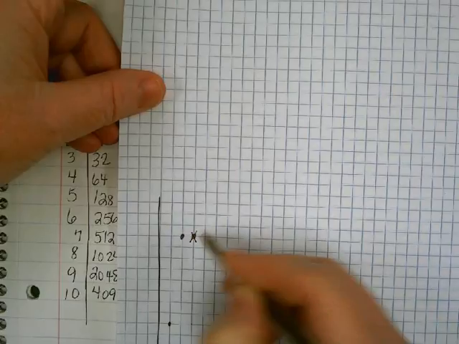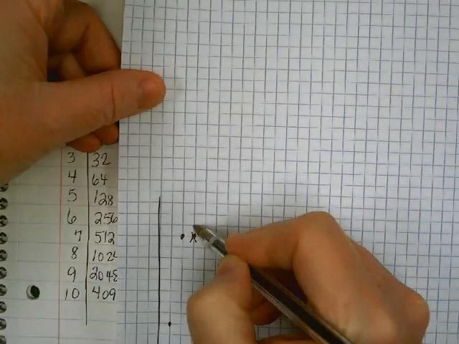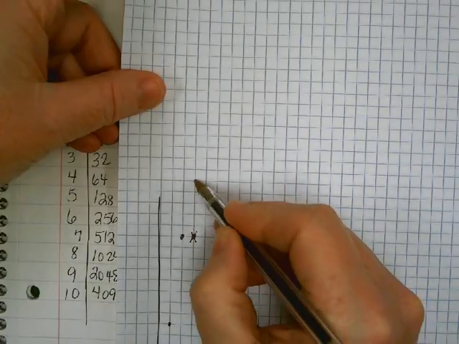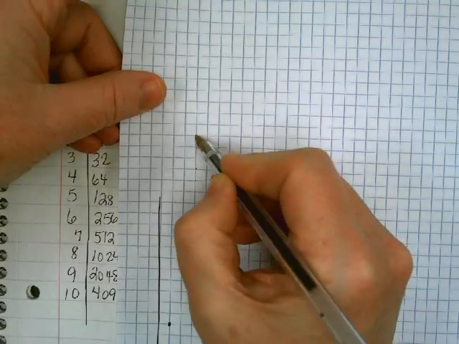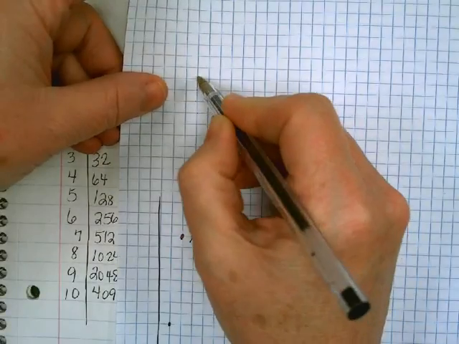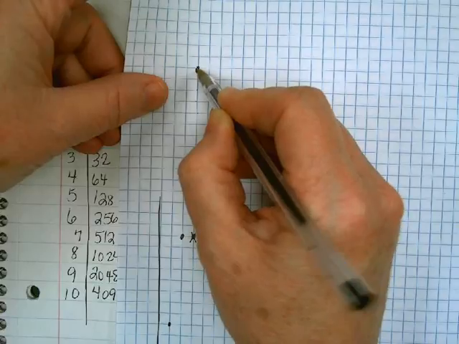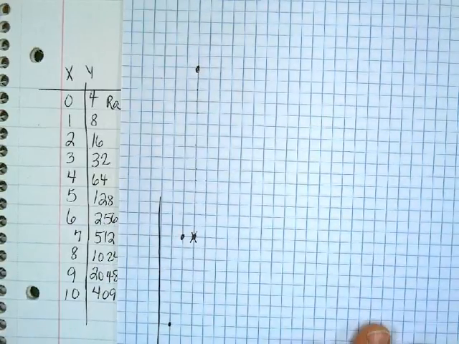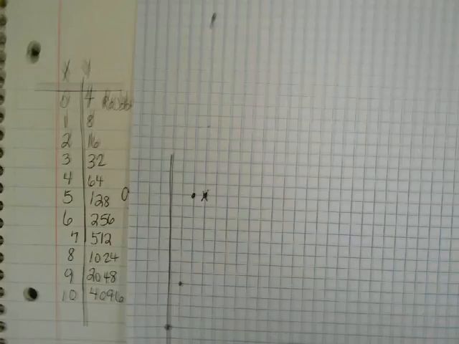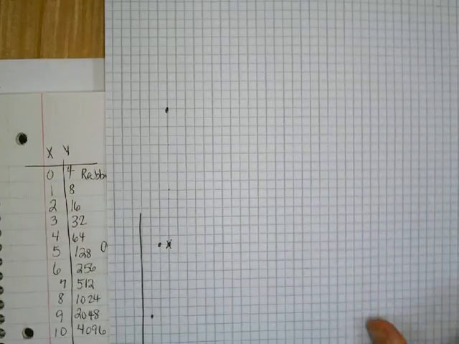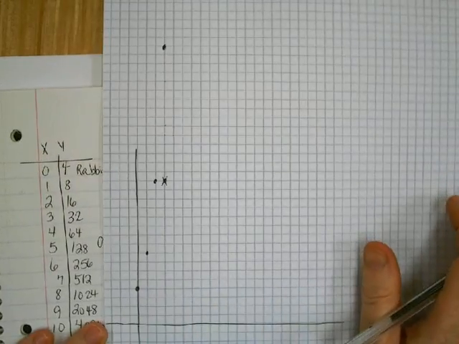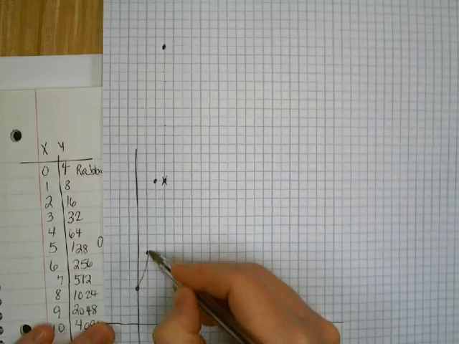Ignore that one. So this would be 17, 18, 19, 20, 21, 22, 23, 24, 25, 26, 27, 28, 29, 30, 31, 32. That's the rabbits. See if I can zoom out so you can see a little bit more of it. So this is what this curve looks like.